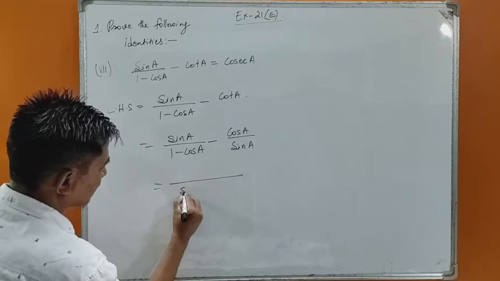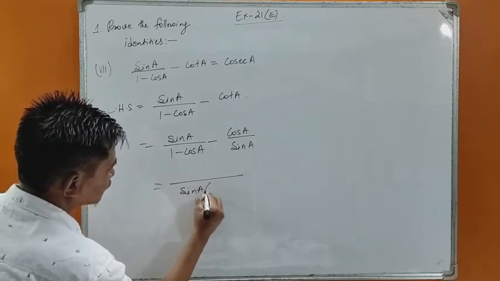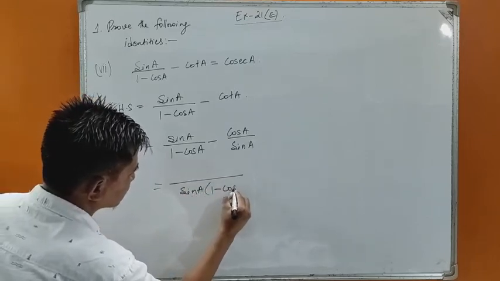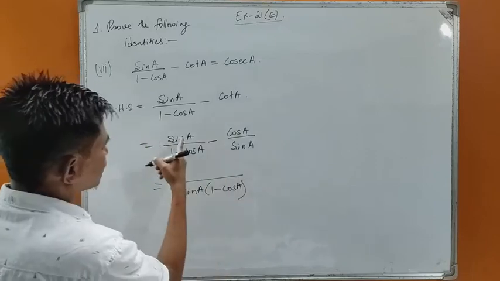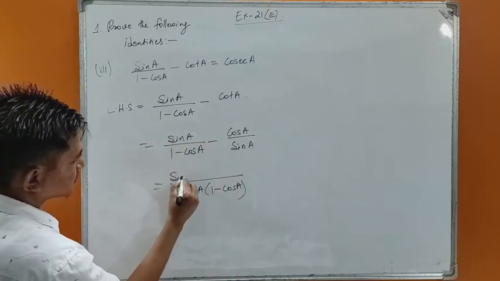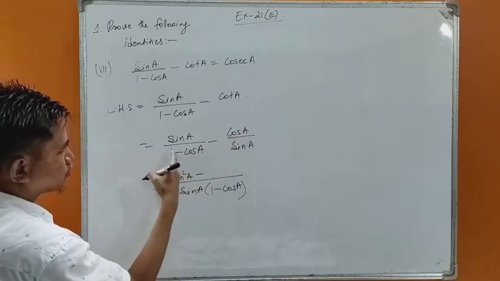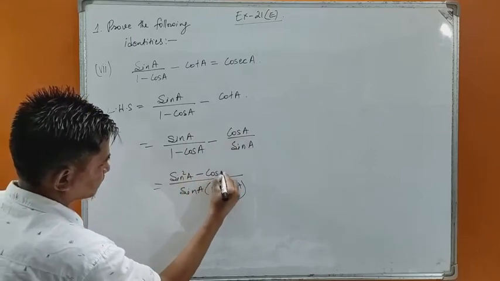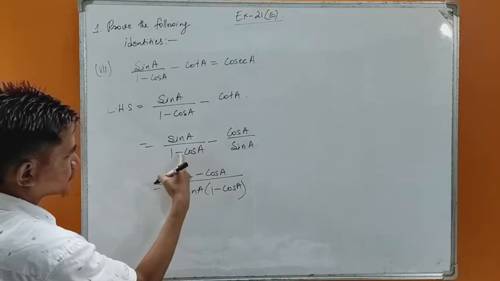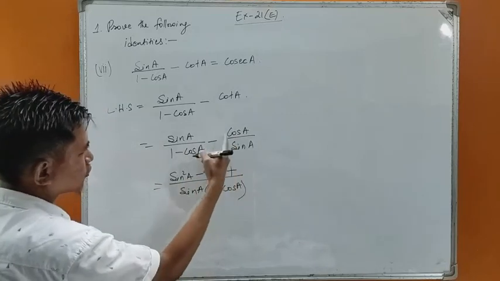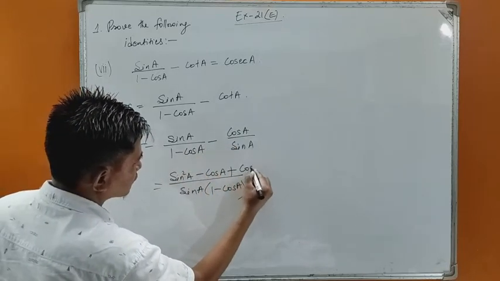This gives us sin a into 1 minus cos a, isn't it? So sin a into sin a, sin square a, minus cos a into 1, cos a, minus into minus, plus cos a into cos a, cos square a.